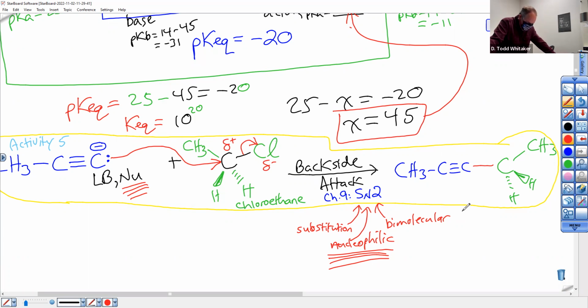And just when you thought you were finished with a short activity, I'm going to extend it. We'll have a slightly different alkyne and a slightly different alkyl halide.